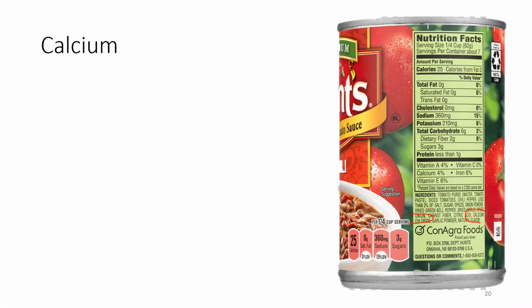Calcium chloride is added to these tomatoes. It's almost the last ingredient, so we know there's not very much of it in there. And if we look at how much calcium there is, it's not that much. So why is that calcium chloride in there? It's not because we want tomatoes to be a good source of calcium.